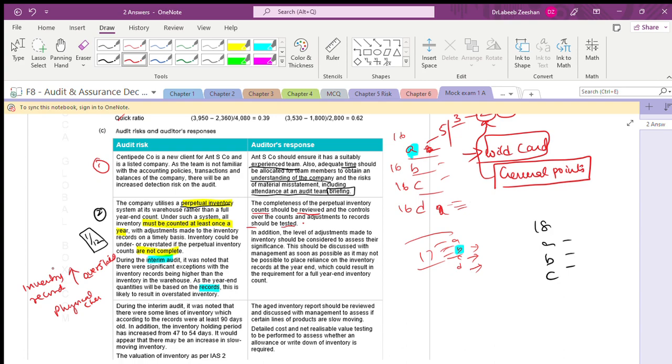In addition, the level of adjustments in the inventory should be considered to assess their significance. This should be discussed with the management as soon as possible, as it may not be possible to rely on the inventory records at the year end. You have to discuss with the management how to place reliance on the inventory records at the year end.